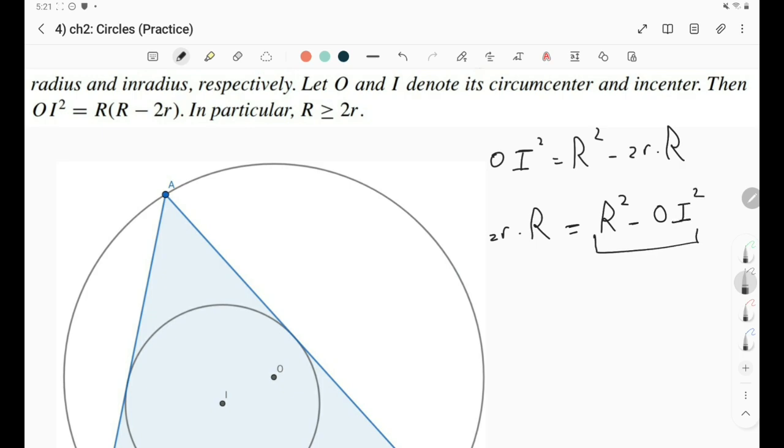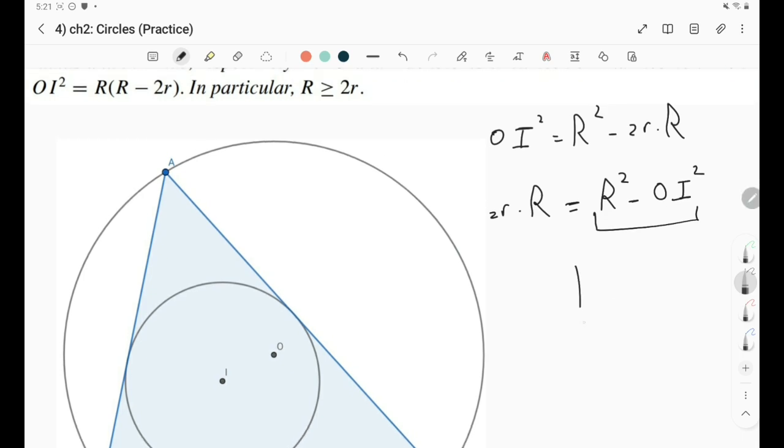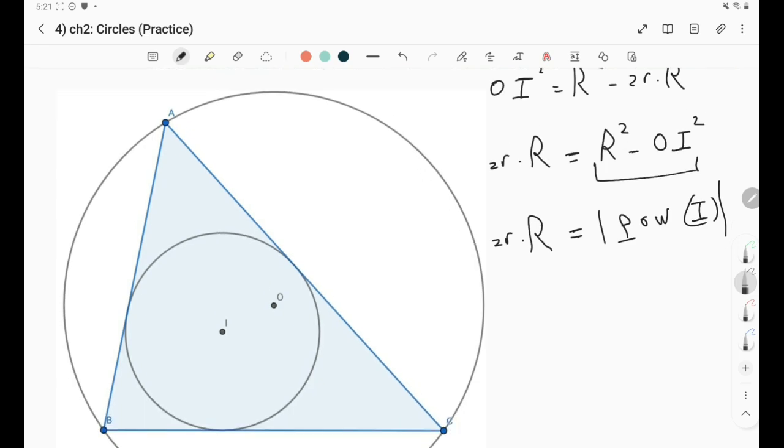It represents, actually not the power of a point, but the negative power of a point. But who cares, because, if you remember, we just look at the absolute value. So we just need to show that the absolute value of the power of point I is equal to 2 small r times capital R.